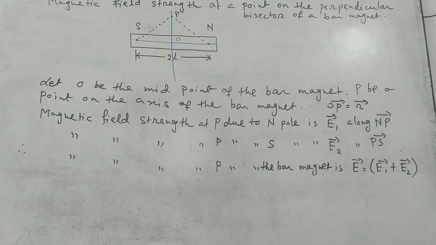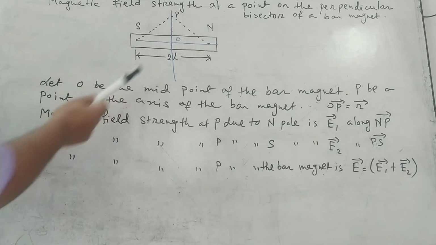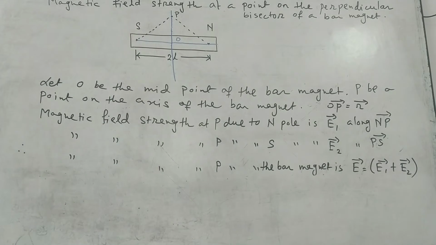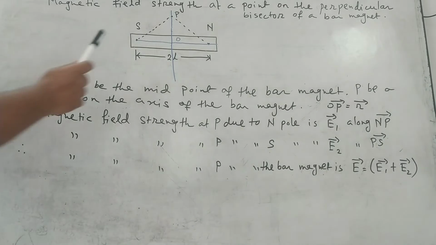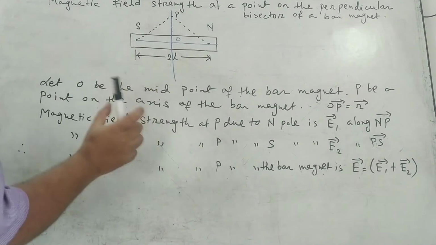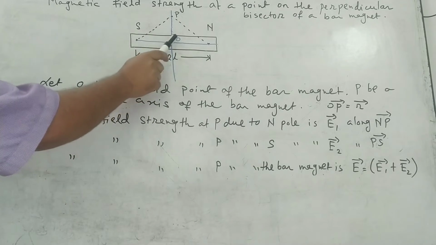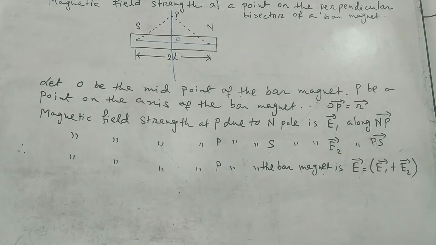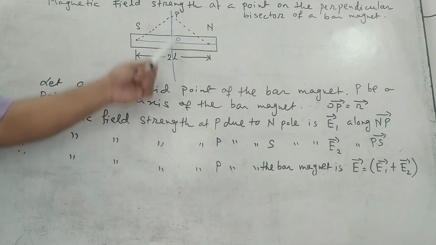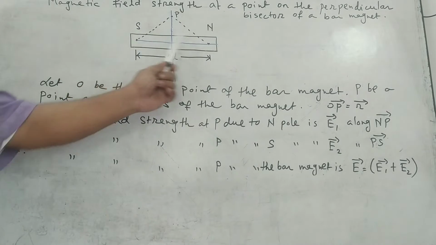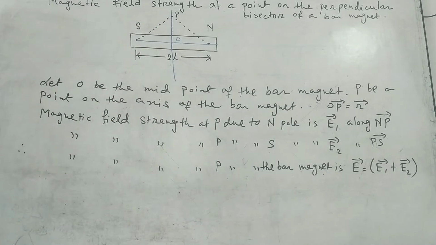Now I am going to discuss the magnetic field strength at a point on the perpendicular bisector of a bar magnet. That is, NS is a bar magnet whose midpoint is O. TO is the perpendicular bisector of NS. P is a point on the perpendicular bisector.